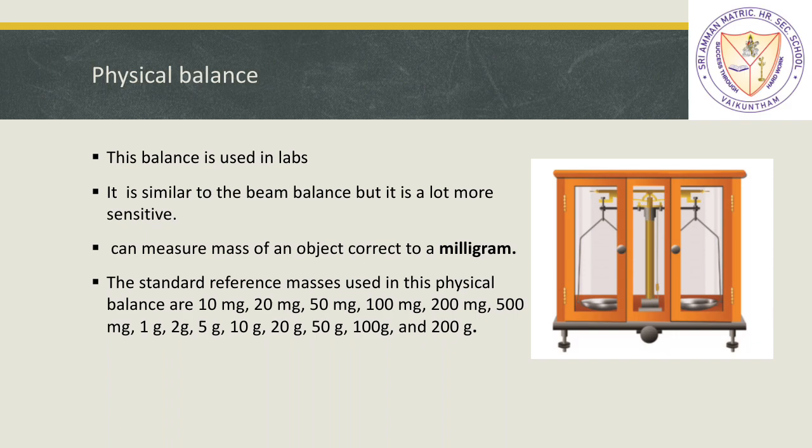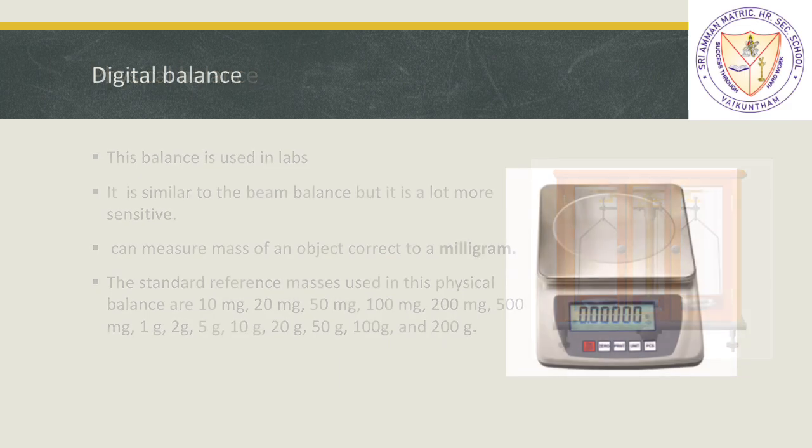These are the standard masses, a kind of stone, or small tiny plates, like pellets. They are used as standard masses, and the sample mass is kept on the other side, and we try to balance them, and we say it has this much mass. This is how the physical balances are used.